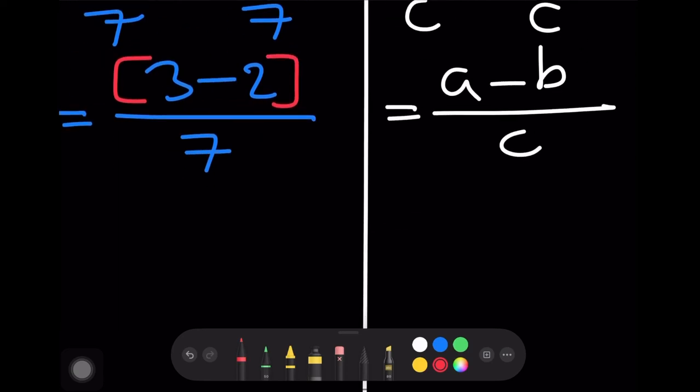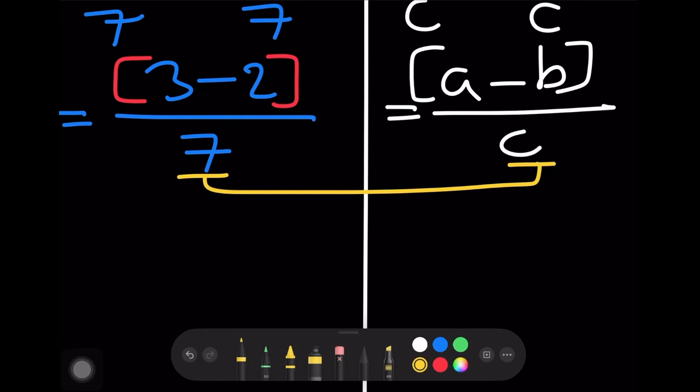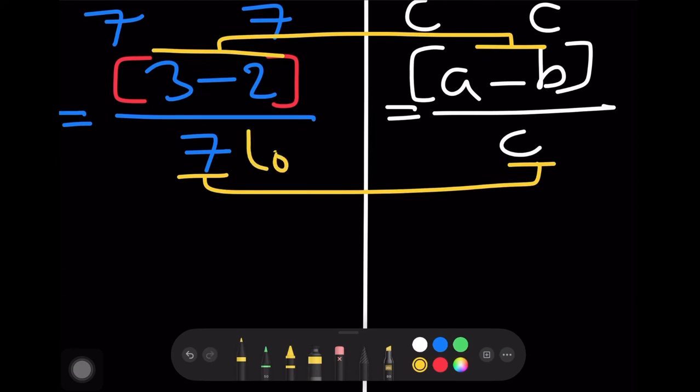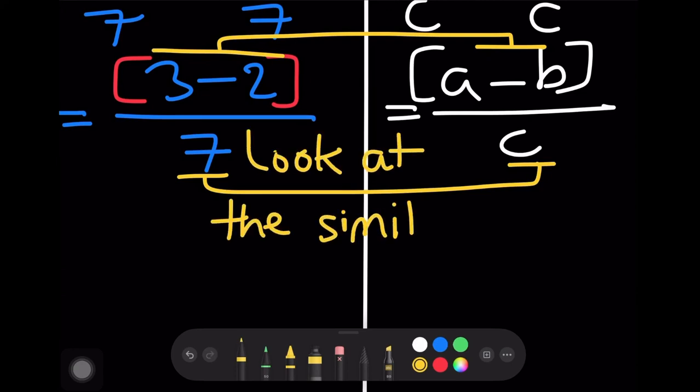Then I'll put the brackets here for a and b just to follow up, to go along. Then by now you should see that 7 and c have not changed, and you can go to the top here and find that 3 minus 2 and a minus b are going along the same way.